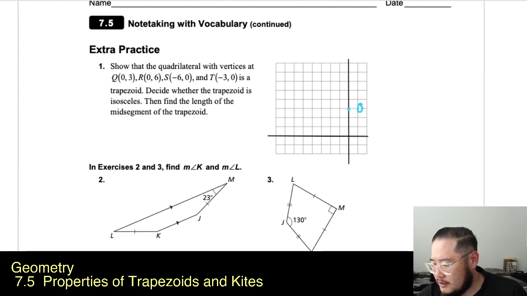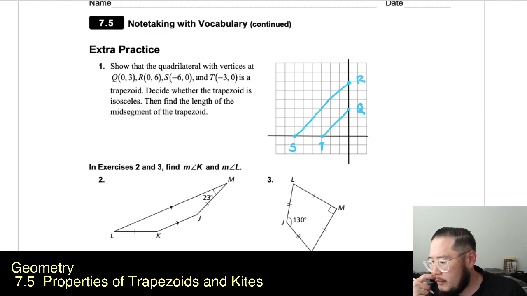S is at negative 6, 0. And then T is at negative 3 right here. So we do have ourselves a trapezoid. Go ahead and finish my drawing right here.